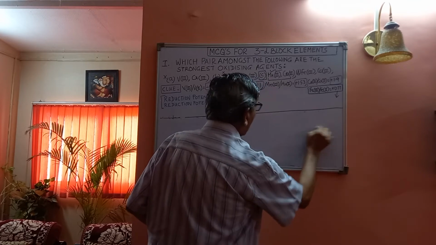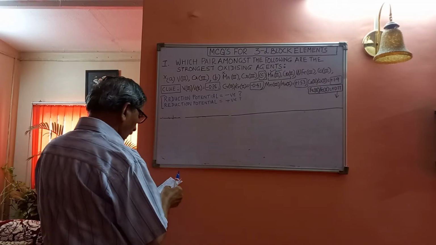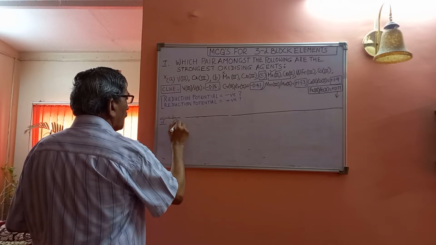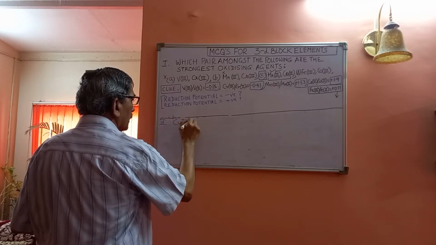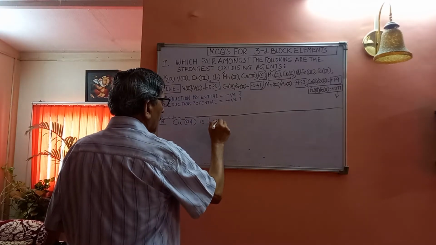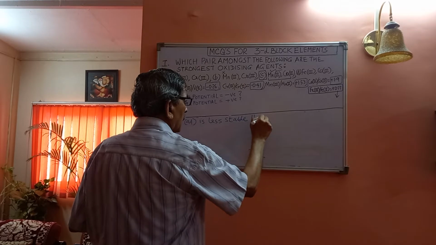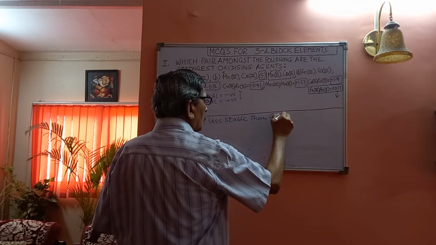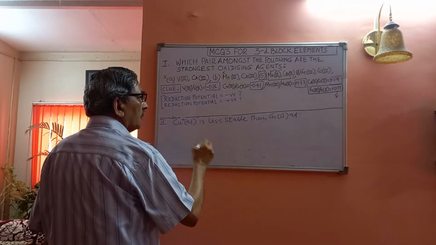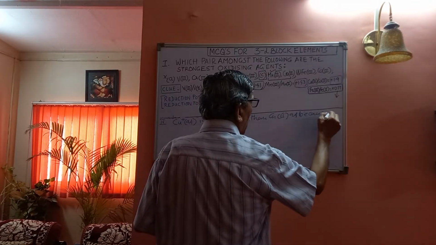So let's just write down the choices and the question. Our fourth multiple choice question is: Cu+ aqueous is less stable than Cu2+ aqueous, because, and you have the following choices.